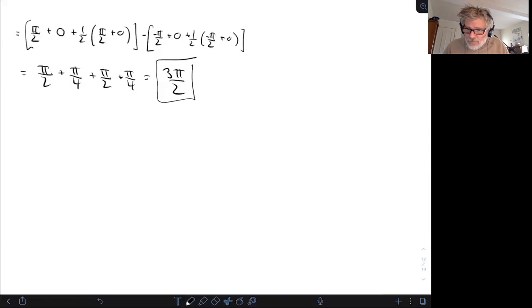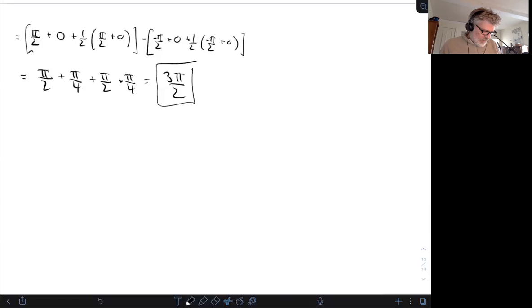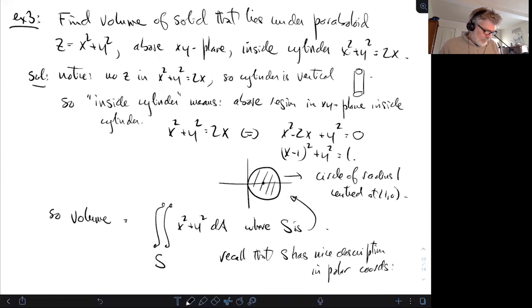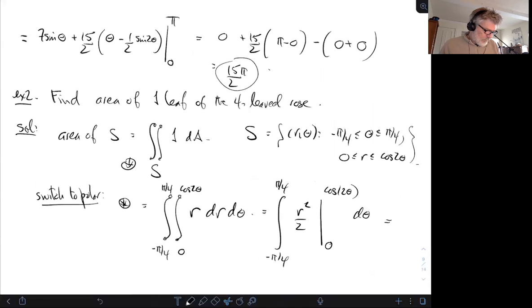To go back to the example of the 4-leaf rose, can you use any other angle that makes one leaf to get the same answer? Okay, let's go back there. So your question is, can you use any other angle that makes one leaf to get the same? Yes, you should get the same thing.